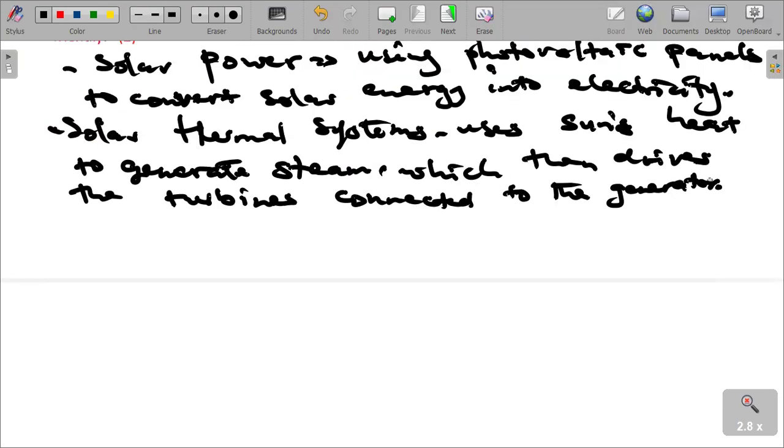And then we may also have another method which is called geothermal energy.